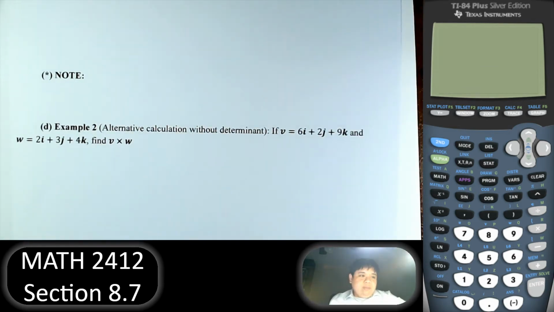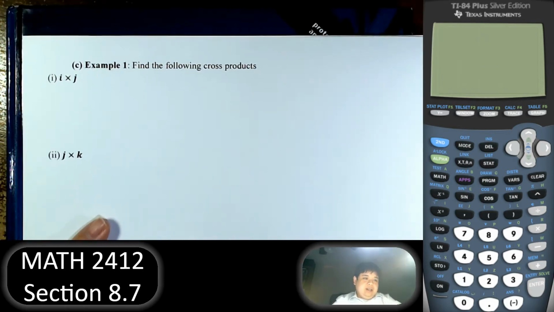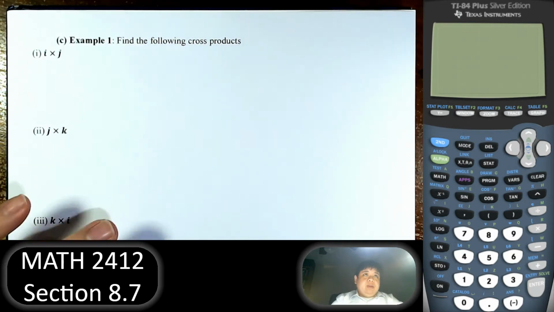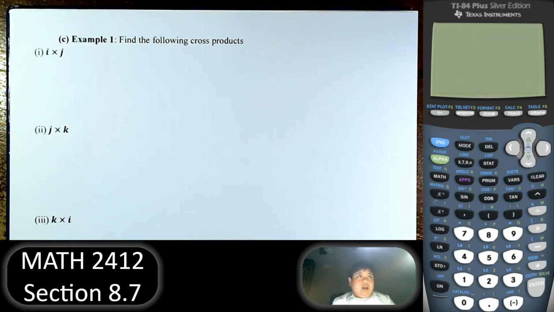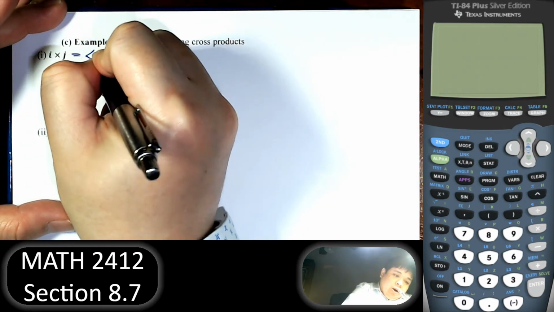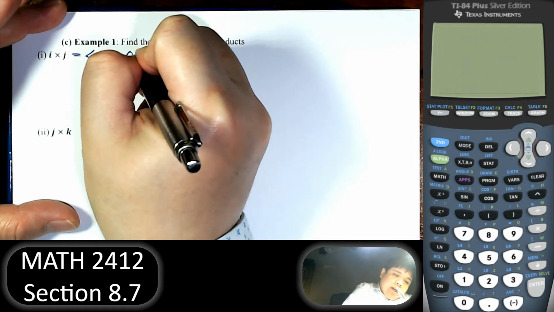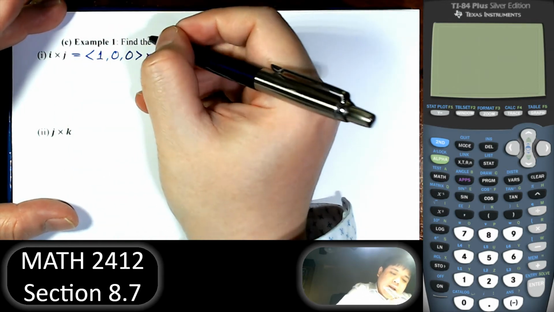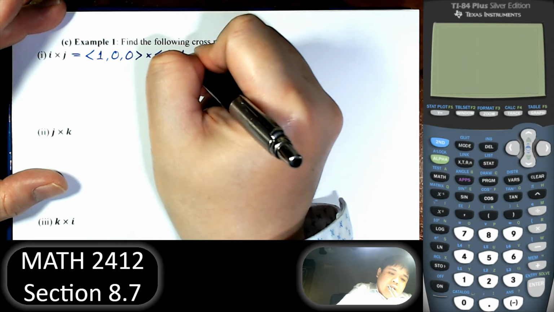Now let's find the cross product of i cross j. Of course, i, j, k are the components. i is 1, 0, 0, and j is 0, 1, 0.